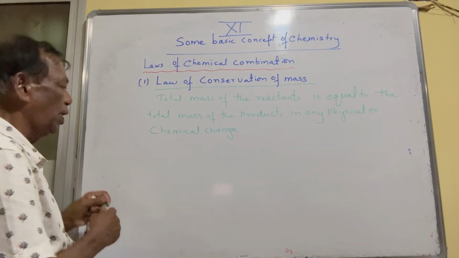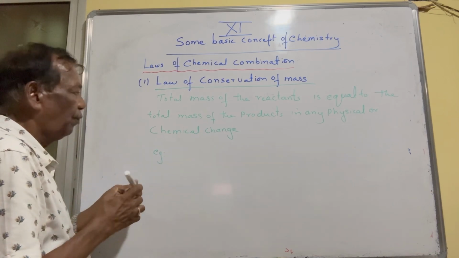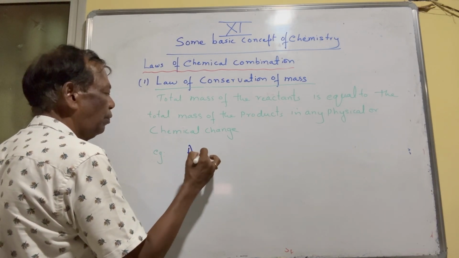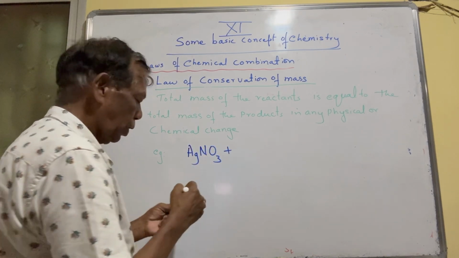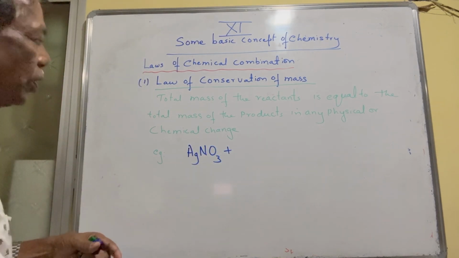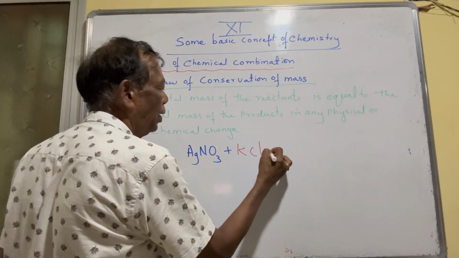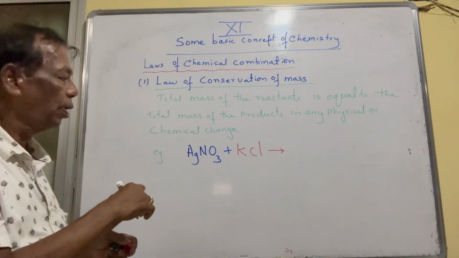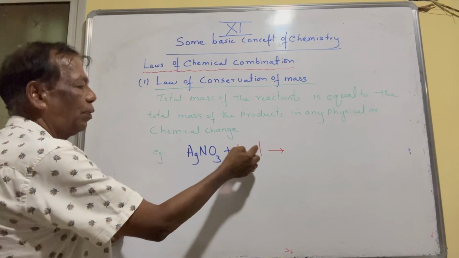For example, suppose I take silver nitrate, and to this I add potassium chloride, KCl. Now you will get the products. The chlorine will come here, the nitrate will go there.